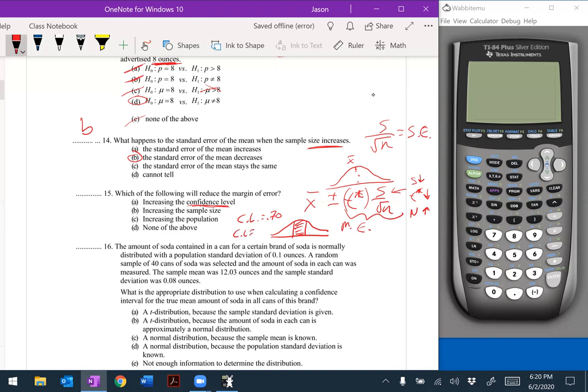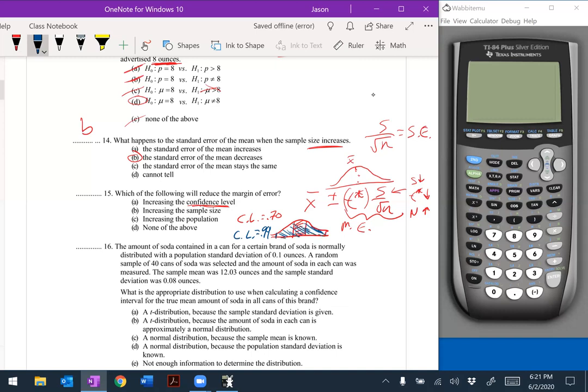Let's say the confidence level goes to 99%. That means that 99% of the data, maybe I'll color code this. The confidence level is 99%, which means everything for 99% goes out.